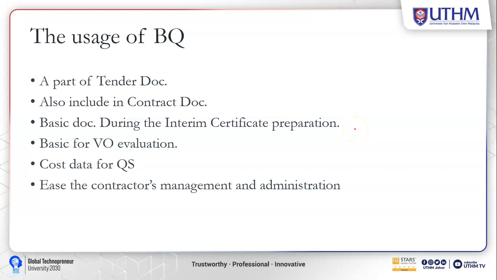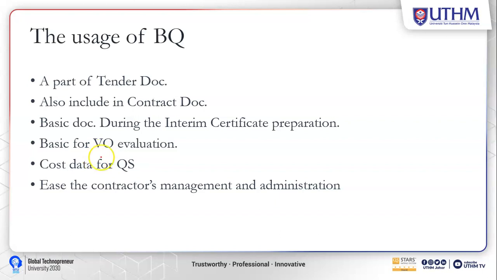If during the construction the client needs to add something, maybe the client wants to add some more portion into the existing building, the contractor and the client need to do the VO. VO is variation order.